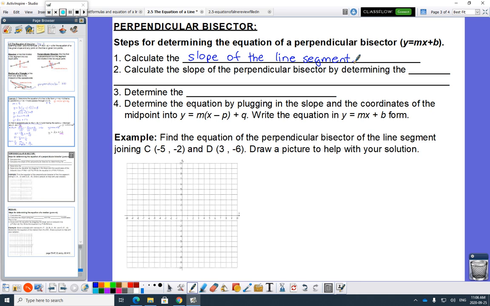So once you have the slope of the one line, if you're doing perpendicular, I'm going to add air quotes here. You're calculating, but really all you have to do is the negative reciprocal, right? So that's not really a calculation. Or if you like flip and change the sign, invert and change the sign, whatever.